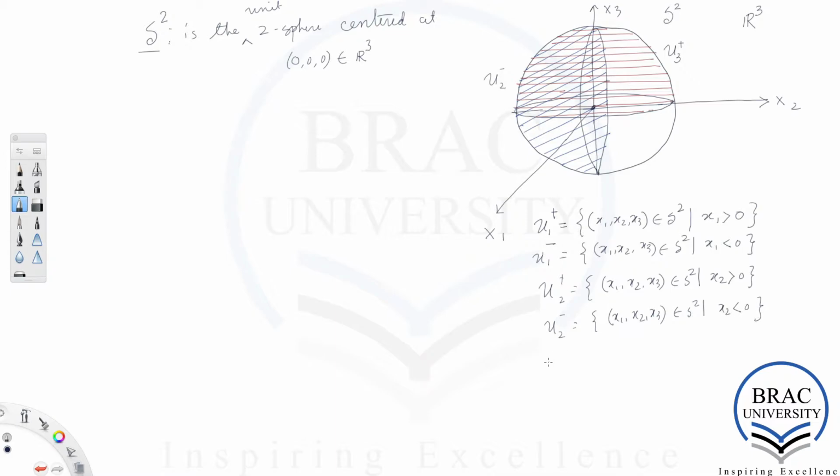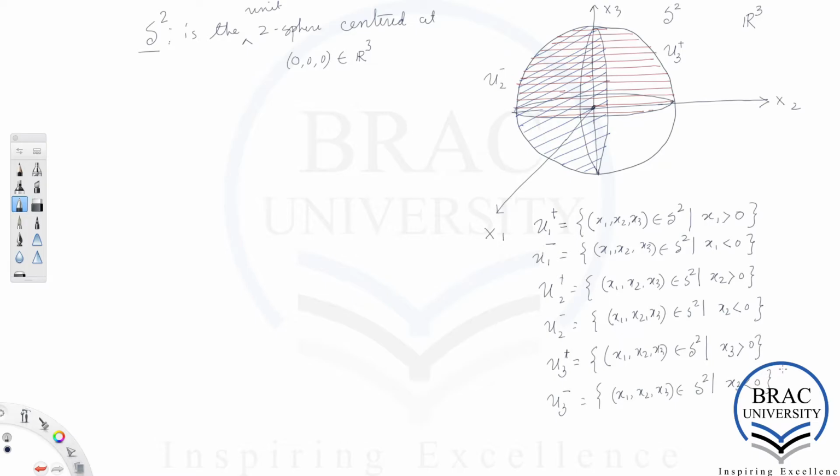Then we have U3 plus, the collection of all ordered triples in the two-sphere such that X3 is strictly positive, and finally U3 minus, the set of all ordered triples in the two-sphere such that X3 is strictly negative.